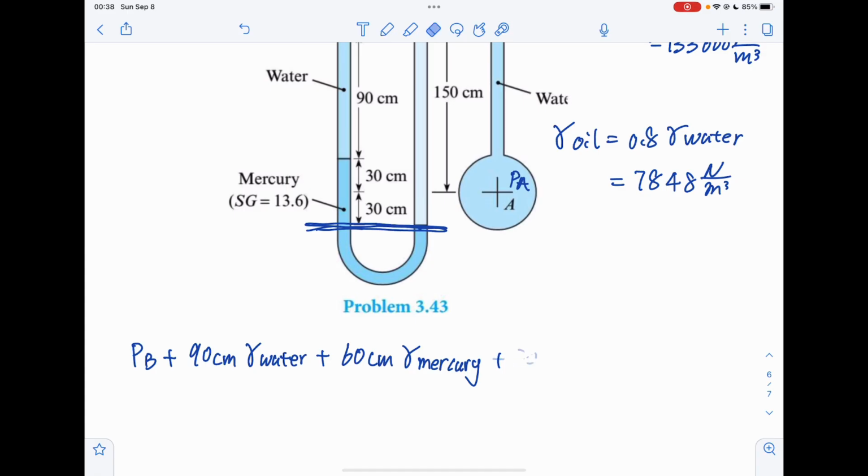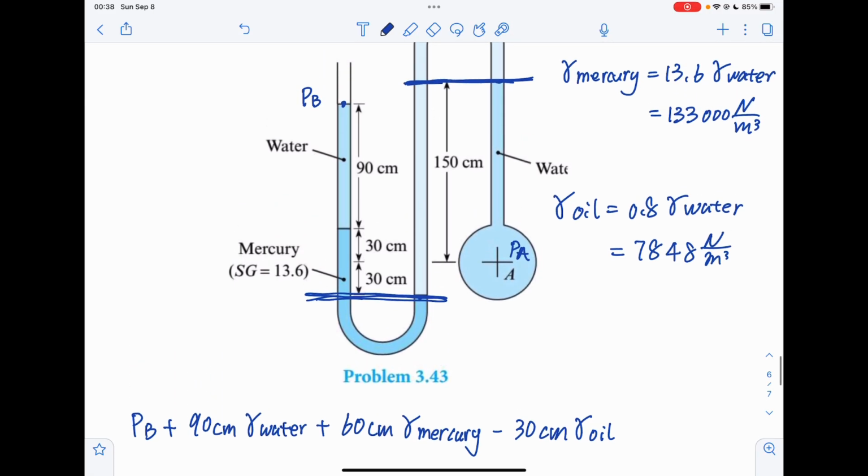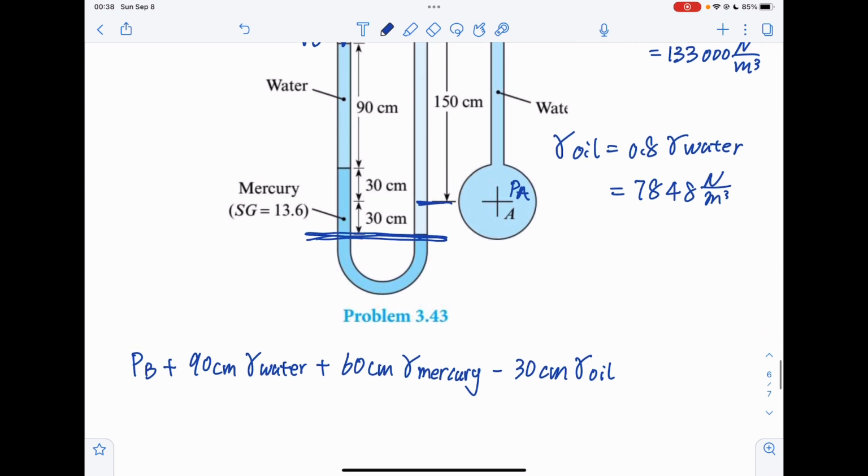Sorry, it should be minus because we are going up. Minus 30 centimeters of gamma oil. Then it goes to here. Okay, then it's another 150 centimeters of gamma oil.